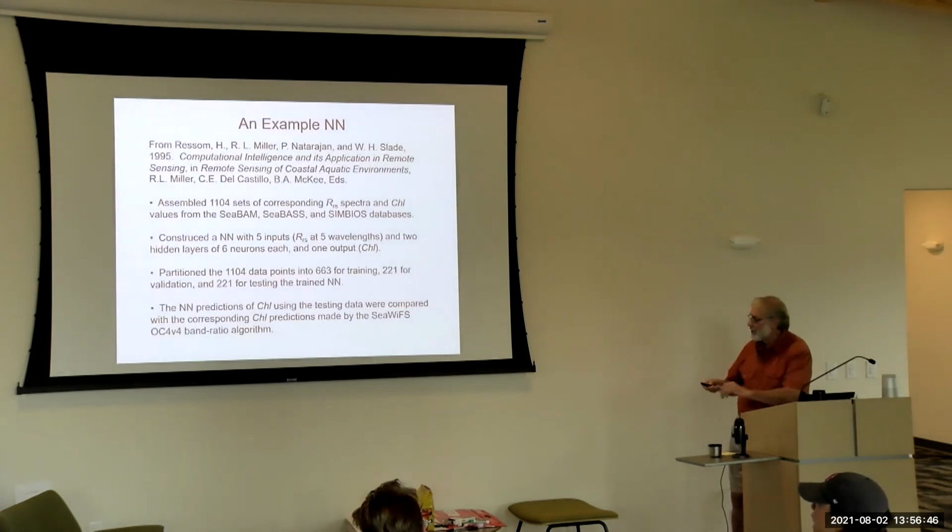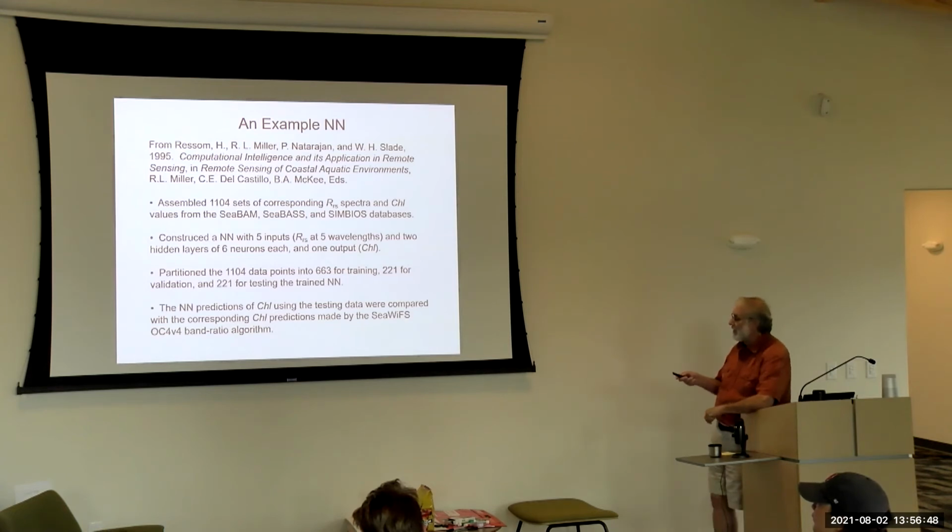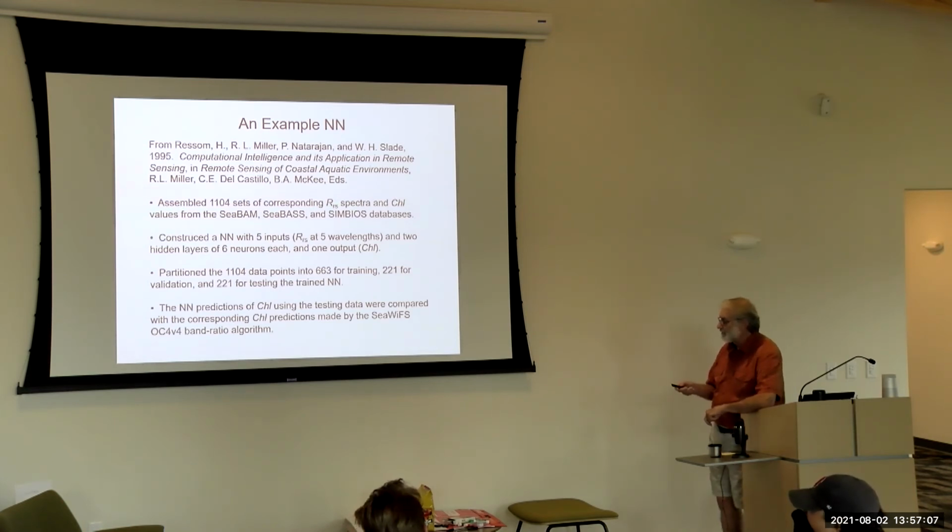Okay, so here's a more realistic real-world example from a paper including Wayne Slade, one of Emmanuel's grad students, in which they started out with 1,100 sets of RRS spectra and the corresponding chlorophyll values that they pulled out of these various archives.